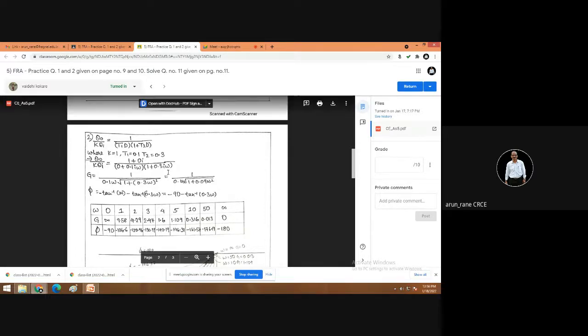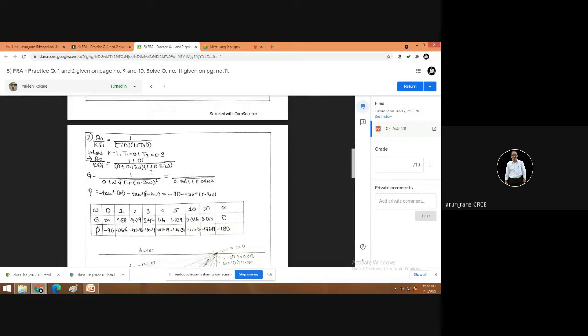Then here the real part is 1, and its square is 1. And 0.3 omega the whole square will be nothing but 0.09 omega square. Try to simplify this as much as possible so that further calculation will be fast.